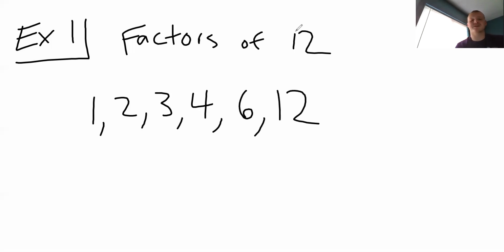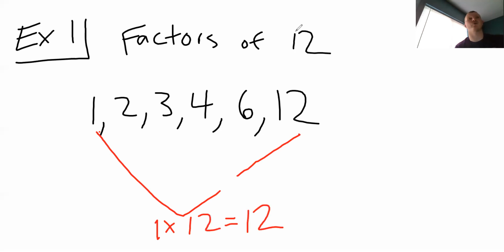What Caleb just did here is he took 1 and 12, because 1 times 12 equals 12. So both 1 and 12 are factors of 12. And for 2 and 6, he took 2 times 6, and that equals 12. So 2 and 6 are my factors.